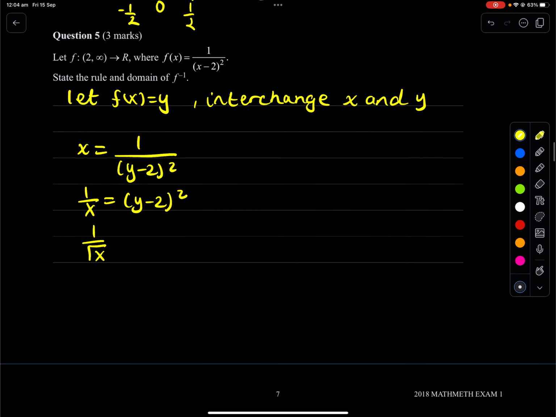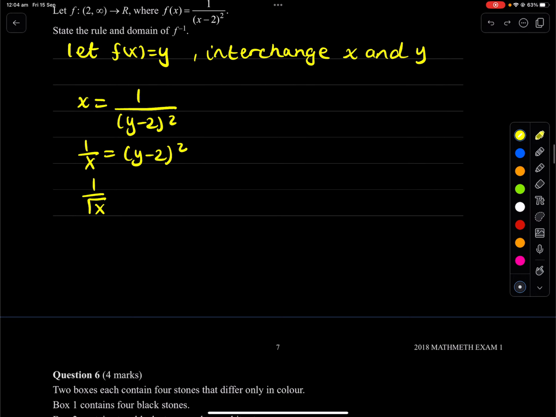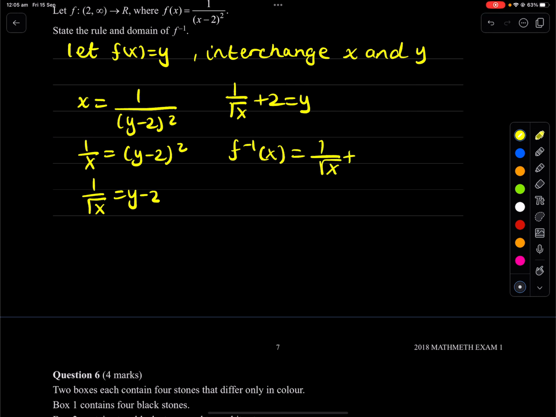I'll make sure, it's plus or negative, but remember, the domain is greater, so we only take the positive, y minus 2. So it'll be 1 over root x plus 2 equals y. So therefore, your inverse of x is 1 over root x plus 2.